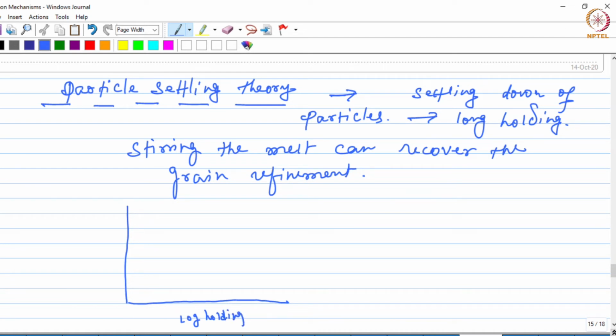On the x-axis, you have the holding time in log scale, and on y-axis, you have the grain size. Right, so as the grain refinement occurs, the grain size will decrease. But if you continue to hold for long, the fading will take place and the grain size will again increase.